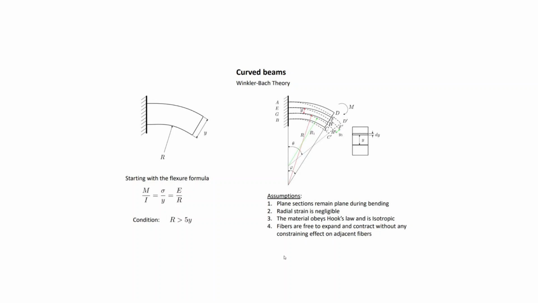Whatever is given in the text of the lecture has to be used to solve the problem. And again, third time, this is only useful to know when you have the case that the radius of curvature is larger than 5 times y, then you can use the simple flexure formula to solve the problem and not come to the Winkler-Bach theory. I hope it helps, but thanks.